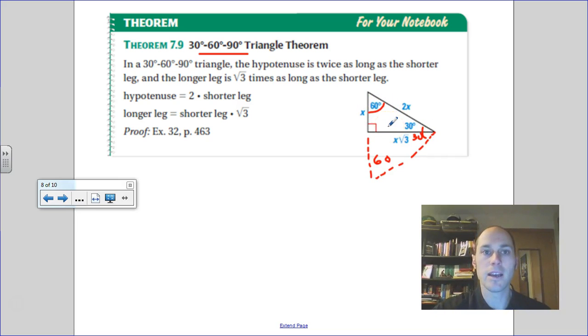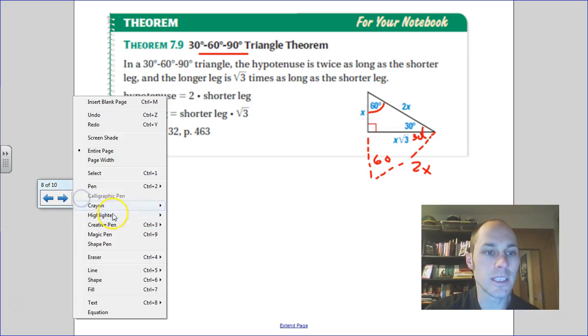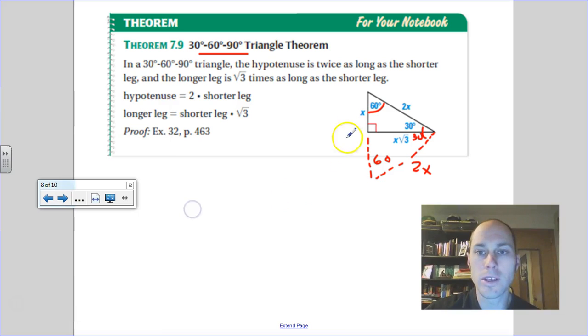Remember, in an equilateral triangle, all the sides are the same. So if this one's 2x, this one would also be 2x, which would mean this would also be 2x, but since it's split in half, this side is only x. So in this case, for our 30, 60, 90, one of the legs is x, the hypotenuse is 2x.